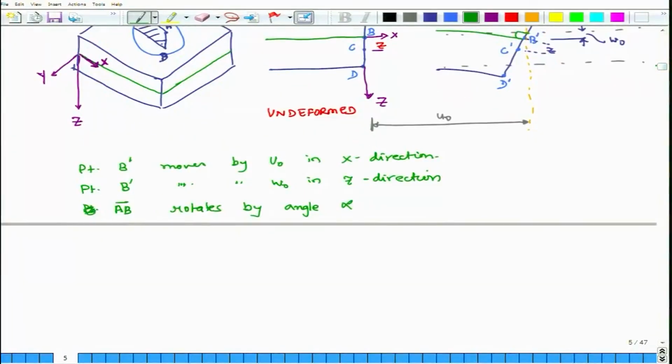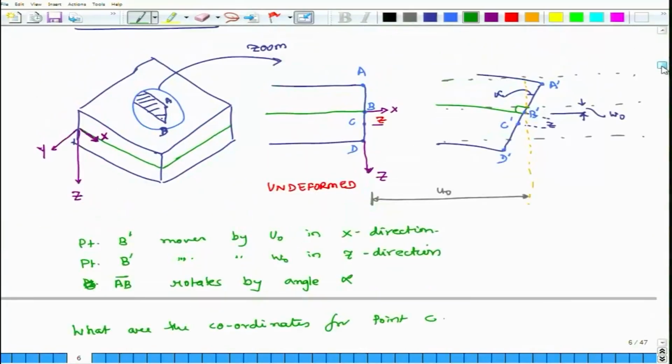So, then the question is, what are the coordinates for point C? This is the question.